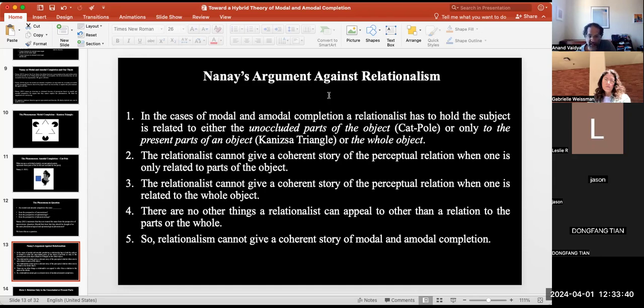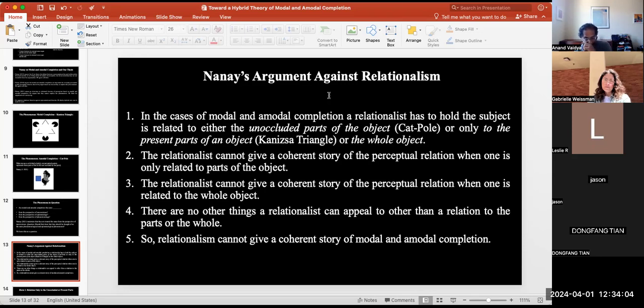The relationalist cannot give a coherent story of perceptual relation when one is only related to the parts of the object. The relationalist cannot give a coherent story of the perceptual relation when one is related to the whole object. There are no other things a relationalist can appeal to other than a relation to the parts or the whole, because they're a relationalist.